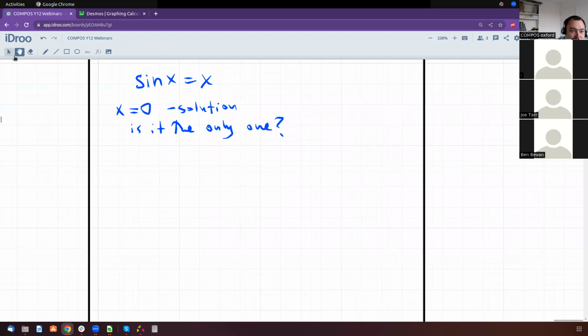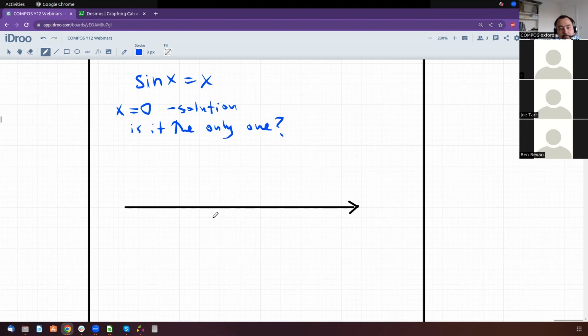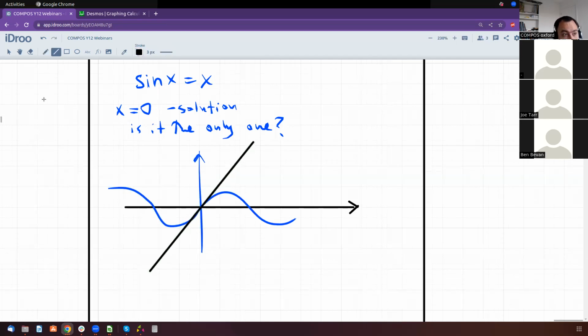So one way of proving it is drawing. You say, okay, so this is the sine graph, and this is the y equals x graph.